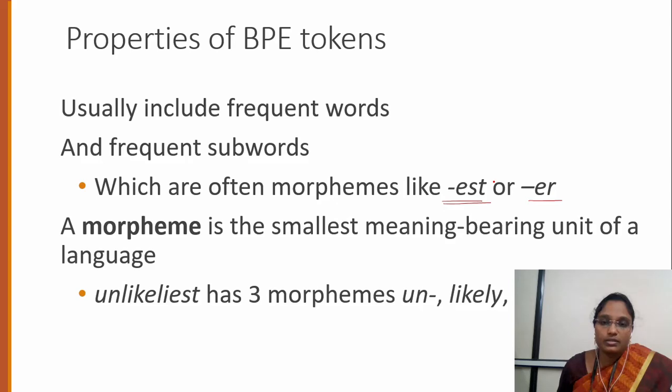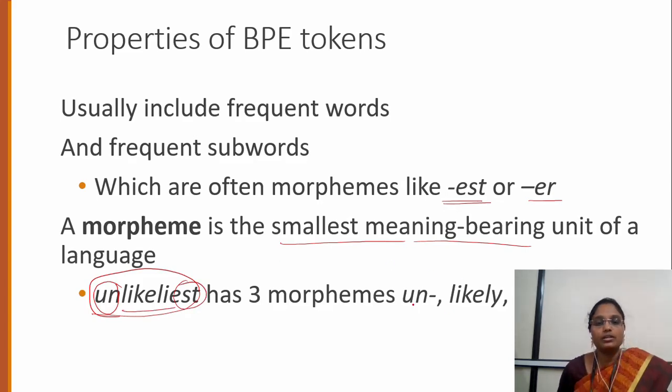This particular part we again call morphemes, and this is the smallest meaning-bearing unit of a language. So if we have a particular word like unlikeliest, the morphemes that we have are un, then est, and then likely. So these are all three different morphemes which could give some meaning to that. It holds a meaning.